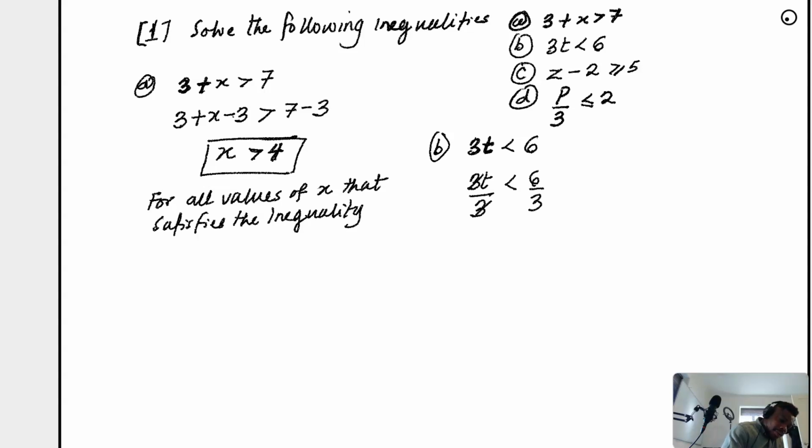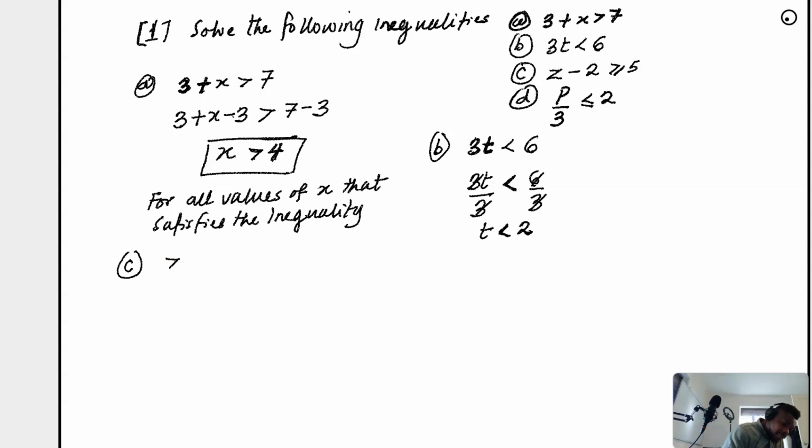So 3 cancels 3, and 6 divided by 3 is 2. This is for all values of t that satisfy this inequality. All values of t, that means t is less than 2. You can see the sign is not going to change because I'm dividing both sides by a positive value.